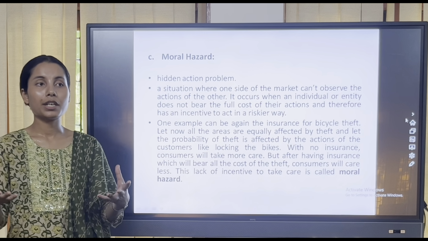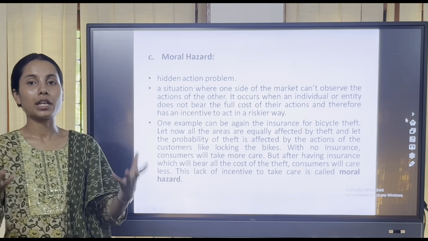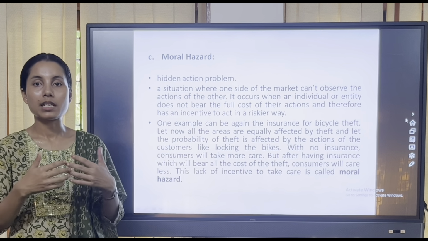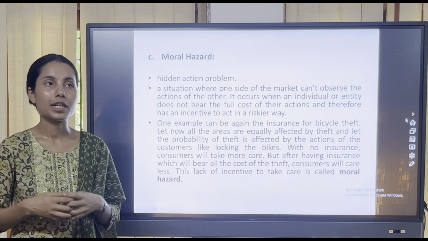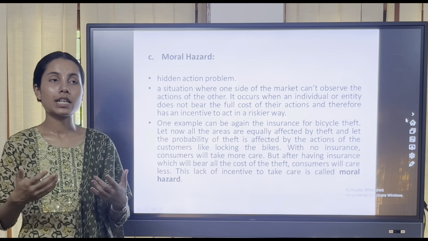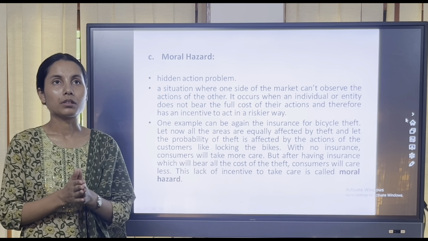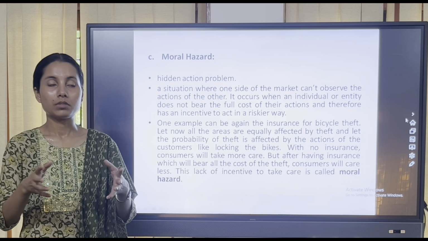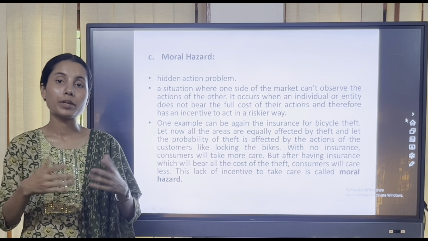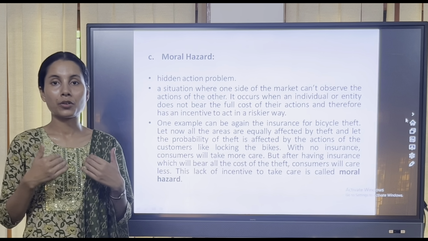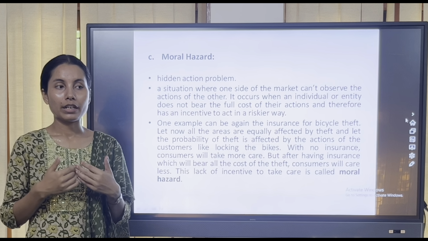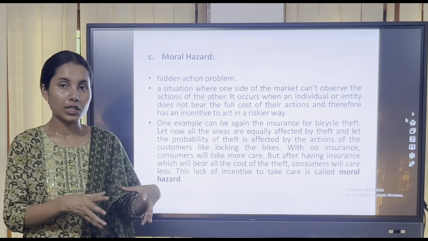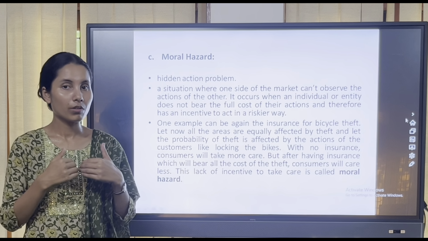But if I buy insurance, if some company comes and sells me an insurance, they will say that if the bicycle is stolen, then they will bear all the cost. What will happen to my behavior now? Now I know that if my bicycle is stolen, it is not me who will bear all the cost.